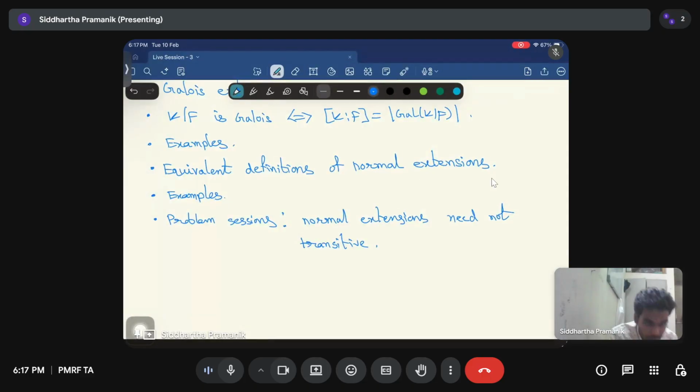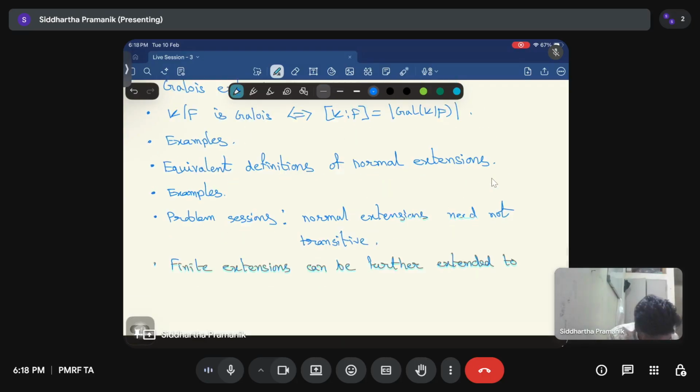Then we have seen that any finite extension can again be extended to a normal extension. So finite extensions can be further extended to normal extensions.